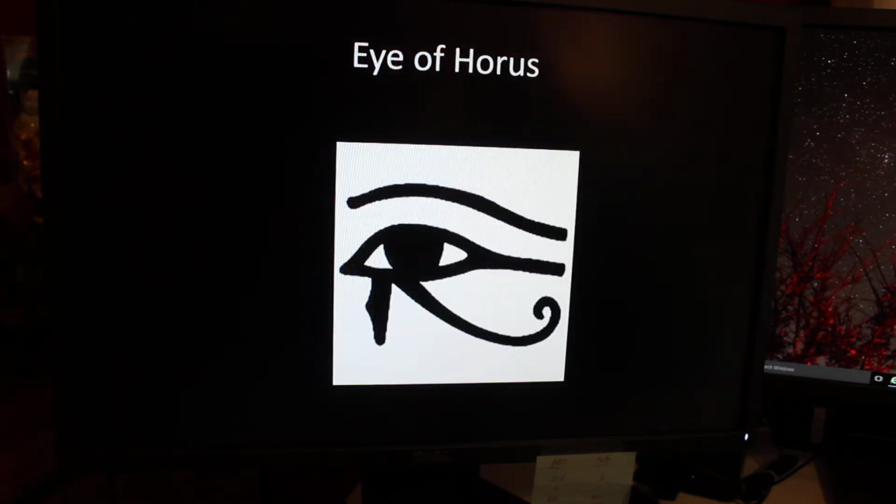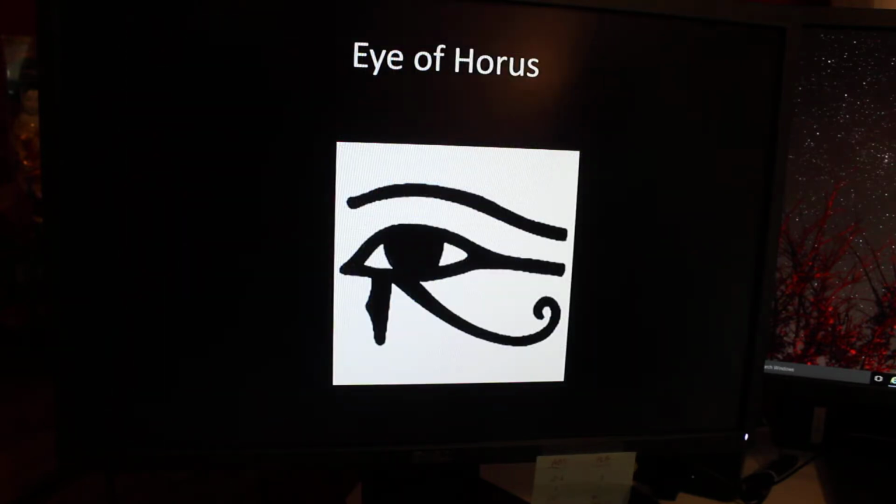All right. The Eye of Horus. So who is Horus? Osiris and Isis had 4 children. The 2 most important ones were Horus and Hathor, who were brother and sister. They also got married and had children. But one of the stories is that Osiris was murdered by his brother Seth.